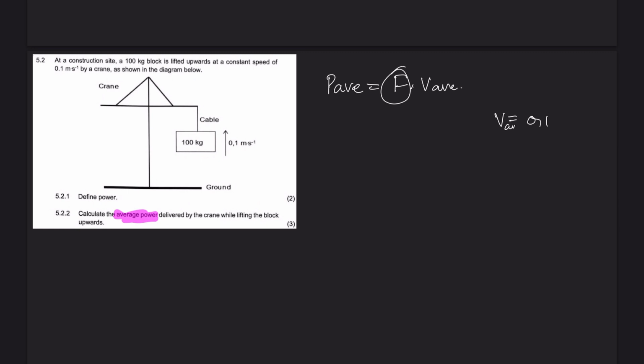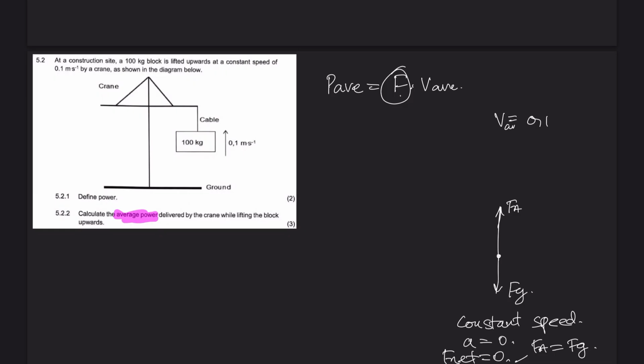So let's quickly just draw a free body diagram. It's being pulled up, so that's the force applied. And then there's the force of gravity that's pulling it down. Since they tell us it's a constant speed, it means that acceleration is 0. It means that F net is equal to 0, which tells me that Fa is equal to Fg.